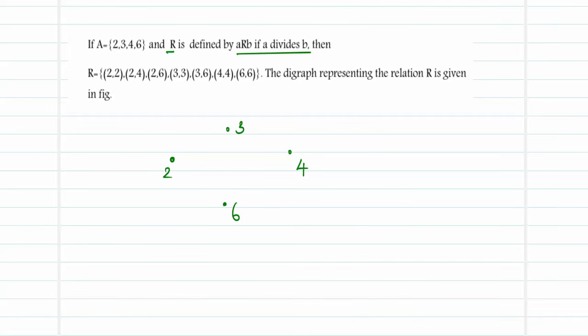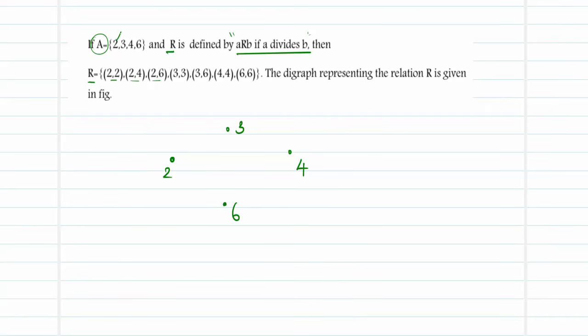So we have the relation defined on the set A, and hence I need the set R that satisfies the relation A divides B. What will be the collection of ordered pairs that satisfies A divides B? I know that 2 divides 2 itself, 2 doesn't divide 3, 2 divides 4, 2 divides 6, so (2,2), (2,4), (2,6) enter the relation.